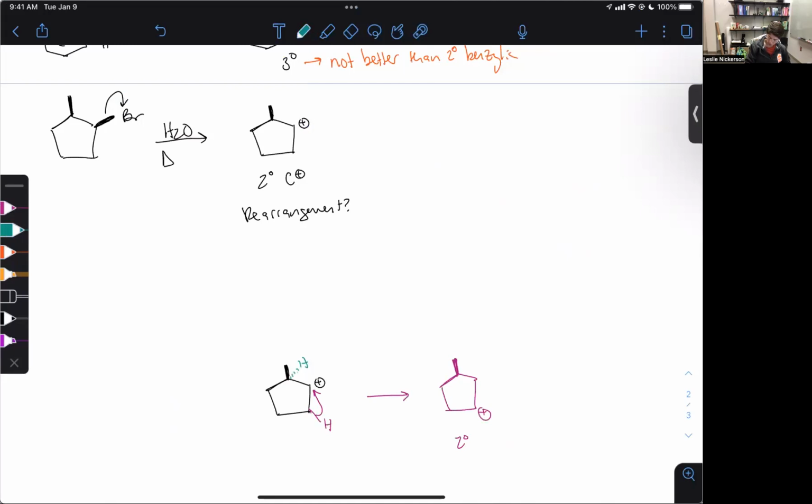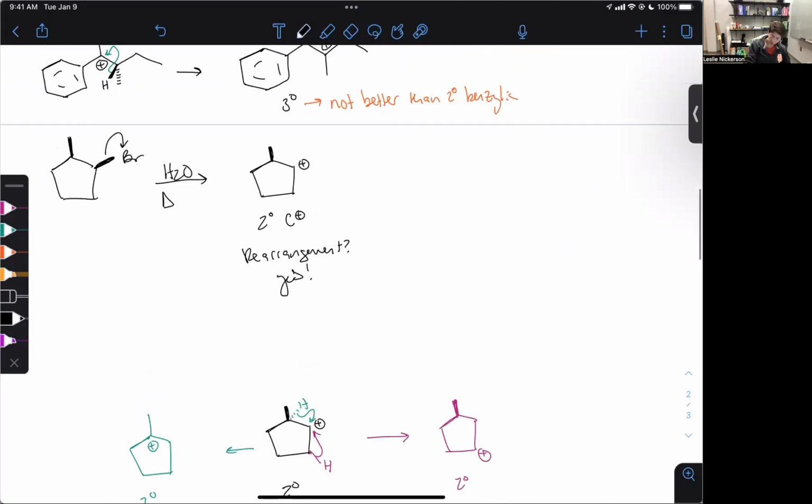And if I do the other side, then I'm getting to a tertiary. So that's going to be what I want to do. So this one is a yes. So we want to use this H, rearrange it, and get to our tertiary carbocation.